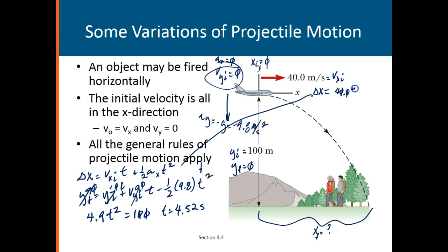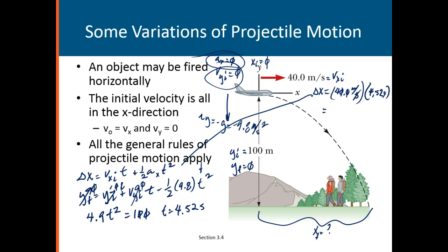I'll put the units in, meters per second times what was our time? 4.52 seconds. Okay, and the seconds will go out. The a sub x is 0, so we don't have anything in the last term. This should give you your delta x. And what does that come up being?